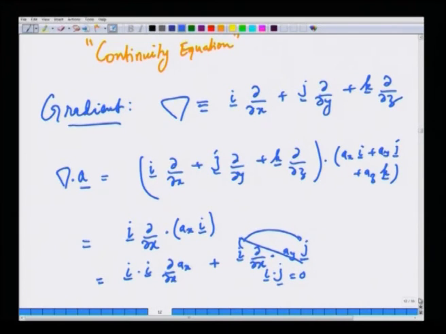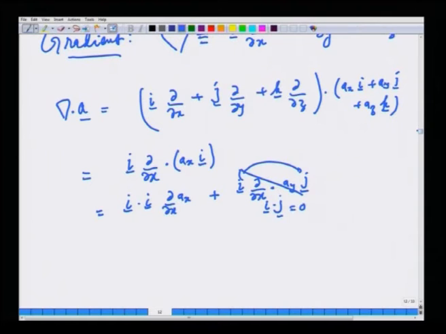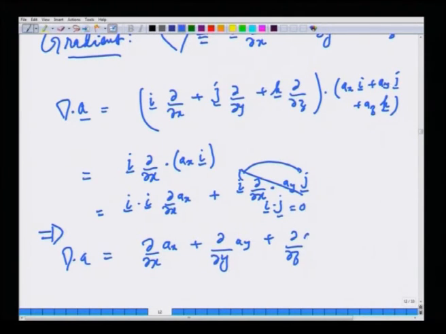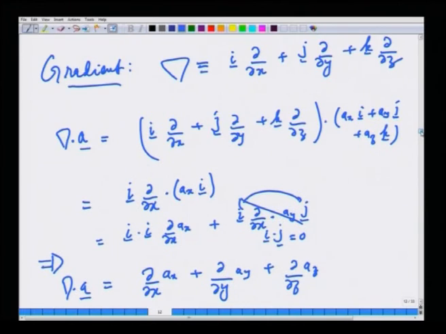So, the only contribution that will survive in the del dot A operation is d dx of ax plus d dy of ay plus d dz of az, because all the cross terms are 0. So, del dot any vector A is d ax dx plus d ay dy plus d az dz.